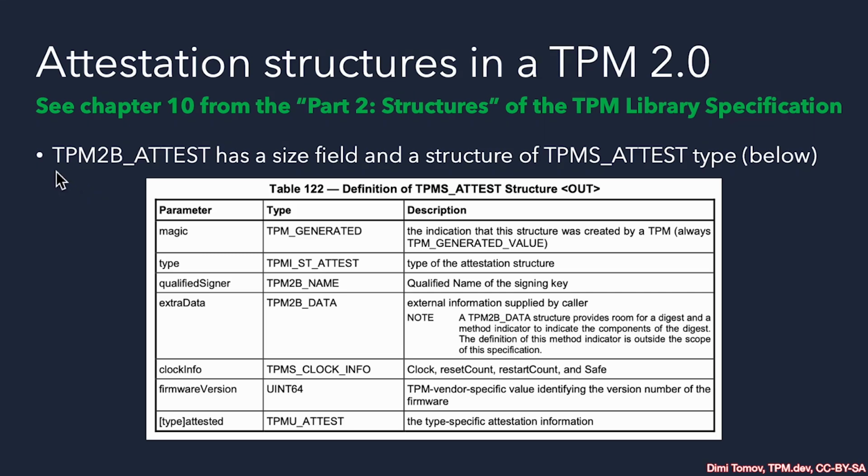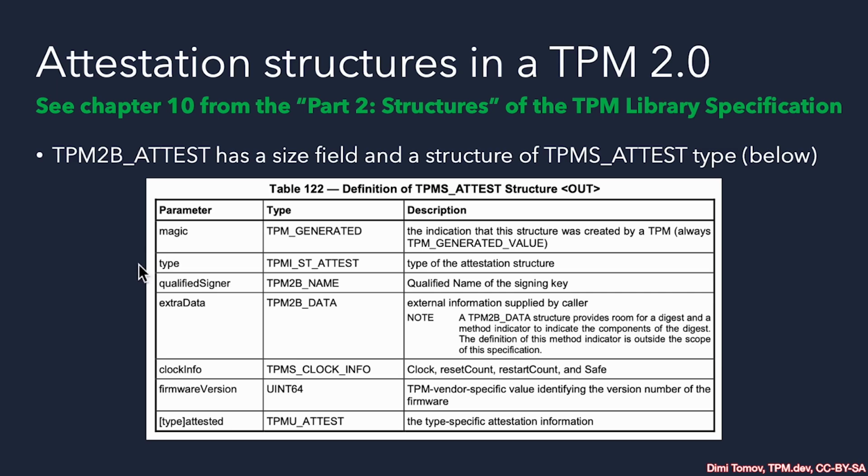The TPMS_ATTEST structure has a set of fields that have a clear purpose. The magic field is the TPM generated value that tells us this data did originate from the TPM. And because the evidence is signed, if someone tries to tamper and just insert these bytes into an evidence, then the signature would not match.